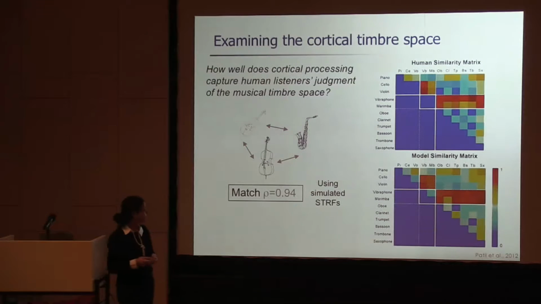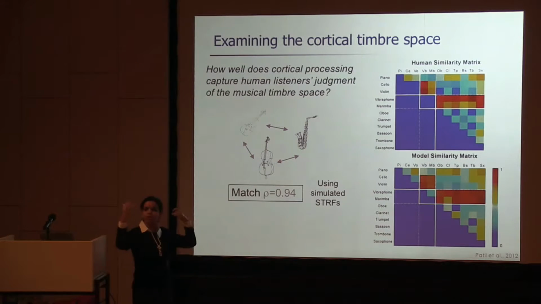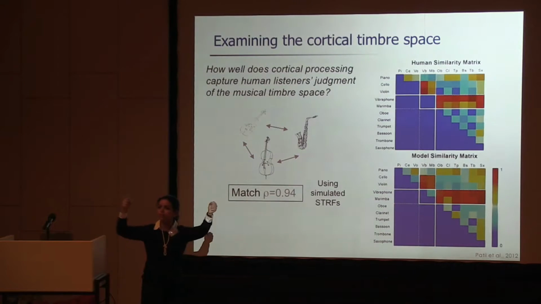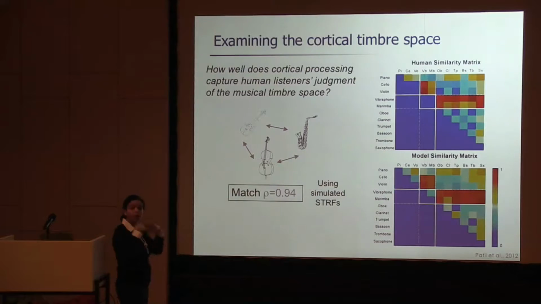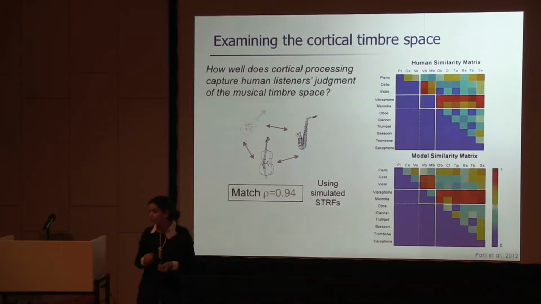The results give us a matching of 0.94, which is very interesting because it says that not only does this modulation space map the instruments into different parts of the space, but the distance where it maps them is quite well correlated with how humans represent that mapping between those spaces.